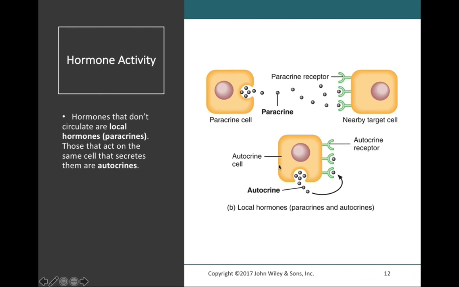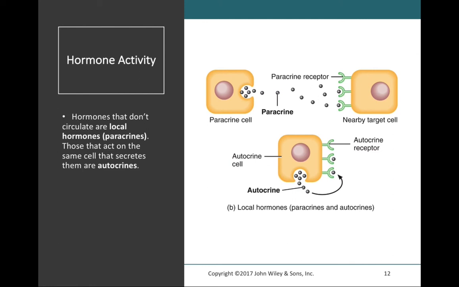However, we also have another class known as the local hormones. Described over here, local hormones are hormones that do not enter into the bloodstream. There are two major types of local hormones, paracrine hormones and autocrine hormones. We can also refer to these as paracrines and autocrines.